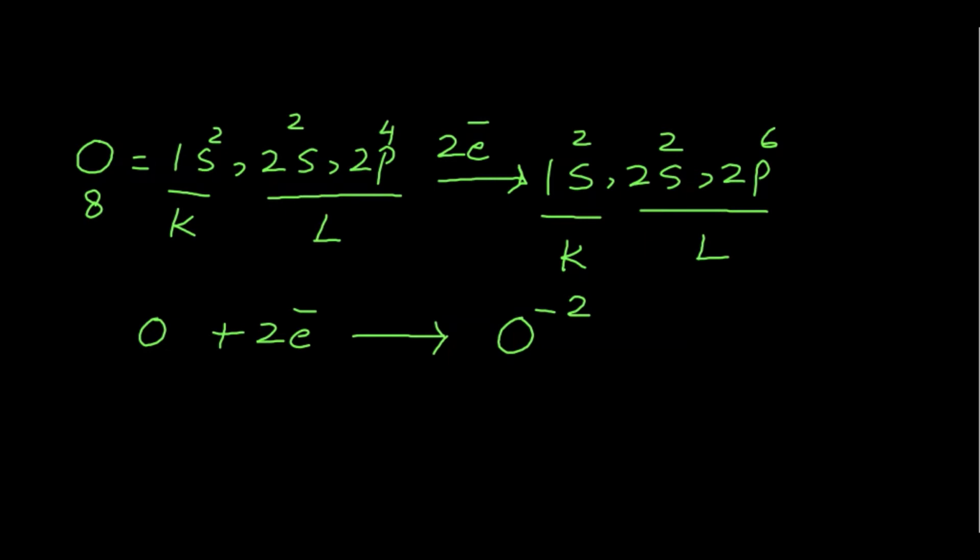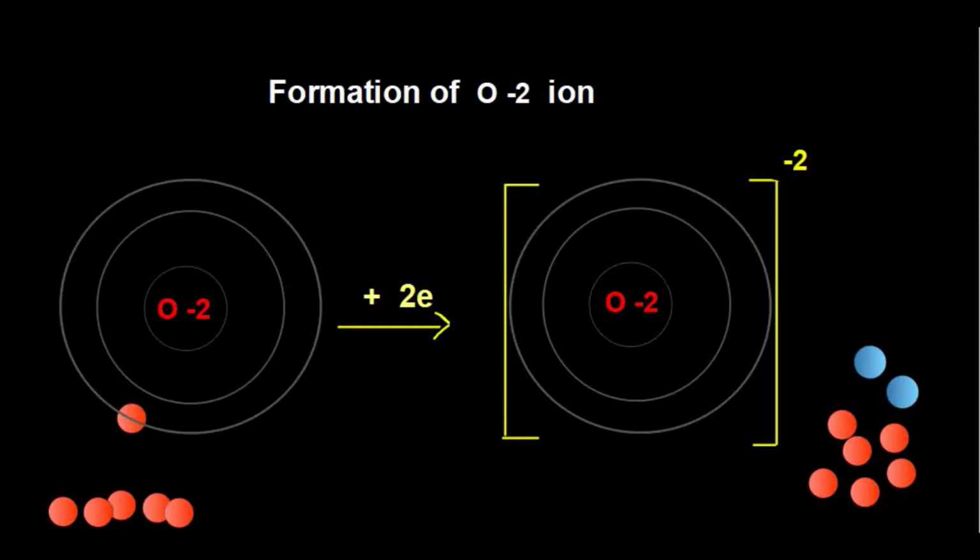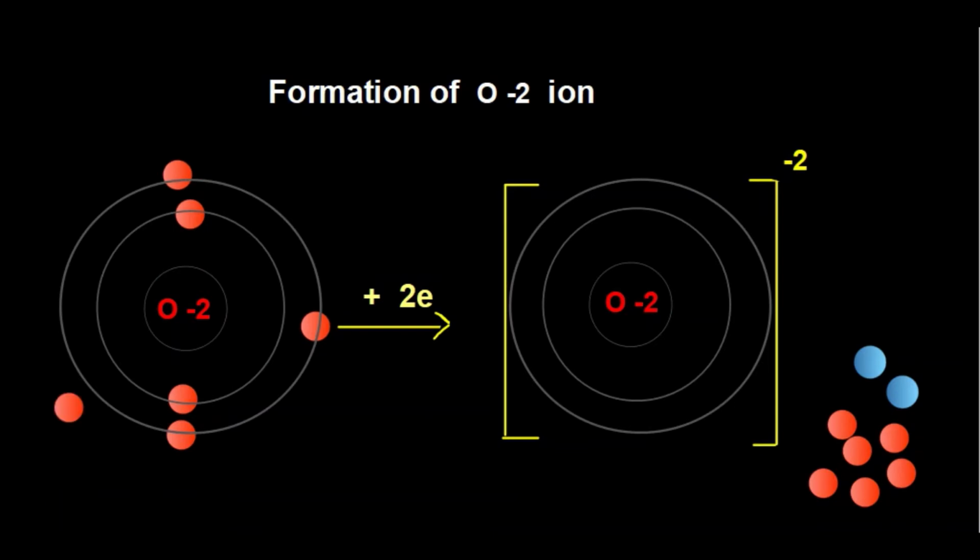We can also represent the formation of the oxide ion with the help of the electron dot structure. Let's see the electron dot structure for oxygen. We make 2 electrons in the first shell of oxygen, that is the K shell: 1, 2. Now we write the 4 electrons in the L shell, that is the valence shell of oxygen: 1, 2, 3 and 4.